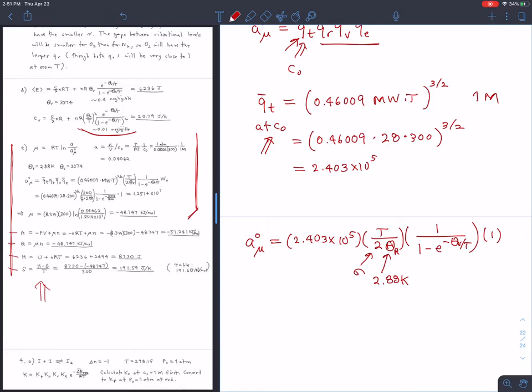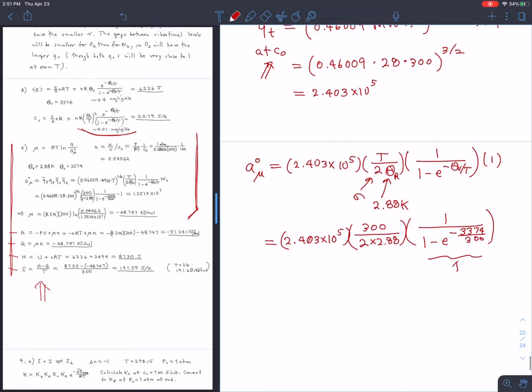And that then is equal to 2.403 times 10 to the 5th times 300 over 2 times 2.88, times 1 over 1 minus e to the minus 3374 over 300. This is going to be 1, I predict. I did that calculation all the way out, and that's 1.251 times 10 to the 7th.